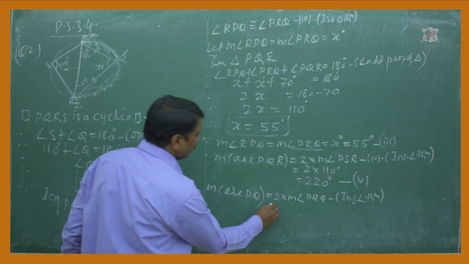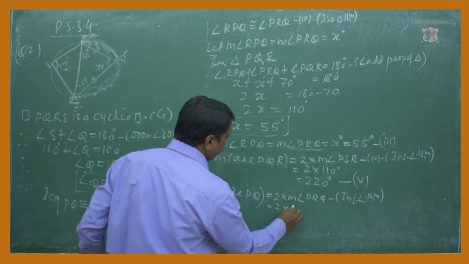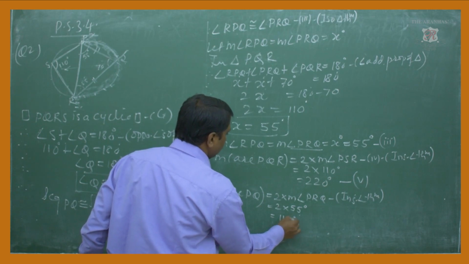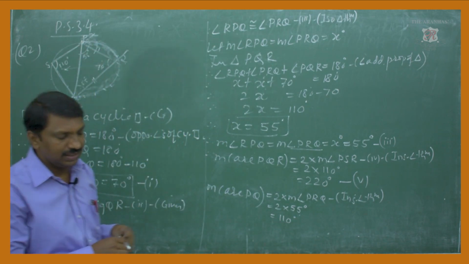So it equals 2 into PRQ, which is 55 degrees here, so we write 55, which equals 110 degrees. So the next one, arc PQ we got, that is 110.